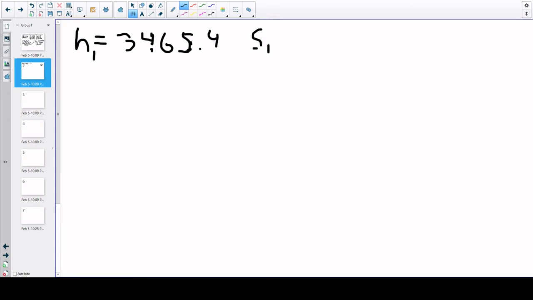And this gives us an H1 value of 3465.6, 3.2, I guess, if you want to get fancy.